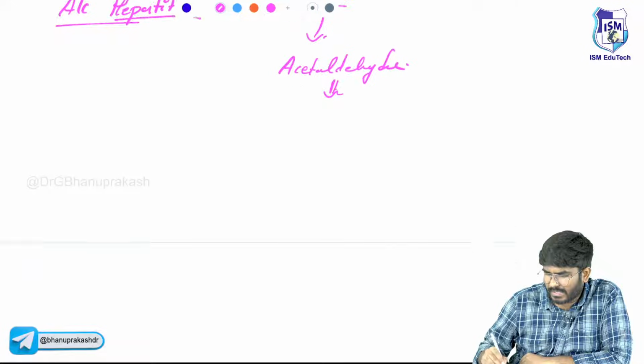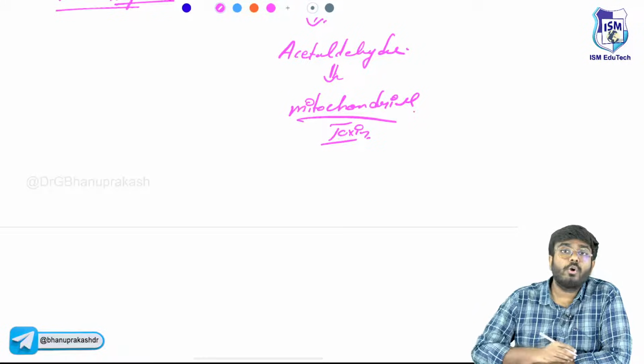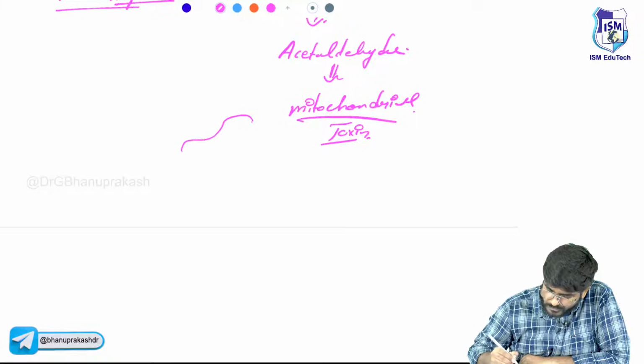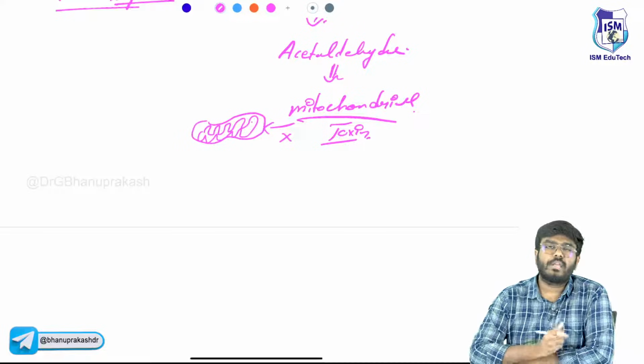This acetaldehyde is a mitochondrial poison, a mitochondrial toxin. So the mitochondria in the liver are going to be damaged. Mitochondrial damage.